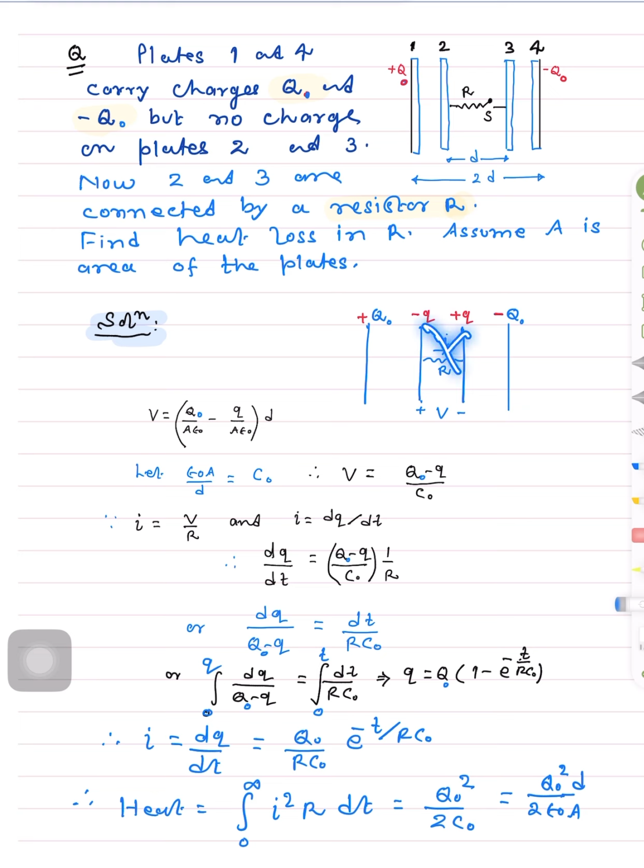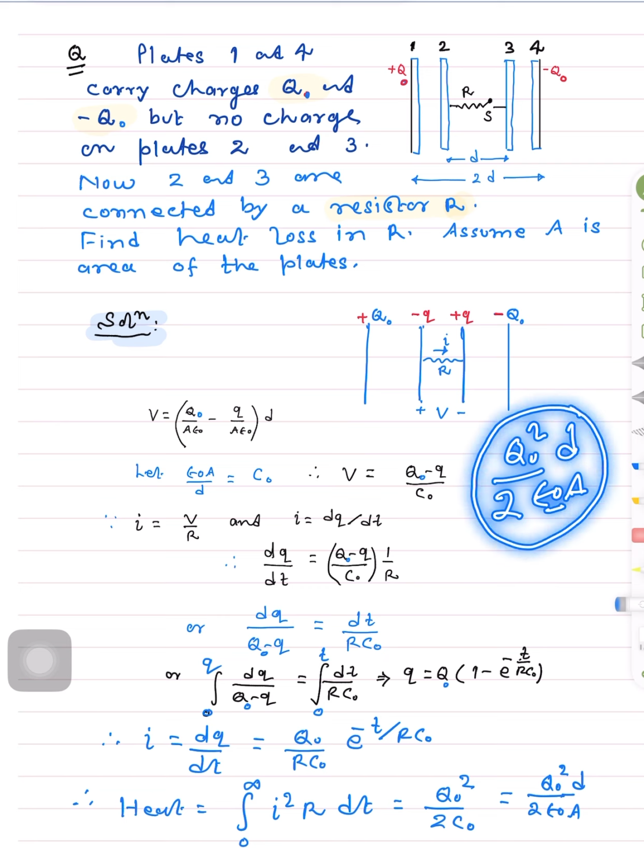So as if these plates are not there, the new energy will be Q naught square upon 2 times the new capacitance, that is epsilon naught A by simply d. This is the new energy stored, you can say the final energy stored, and initial energy was how much?